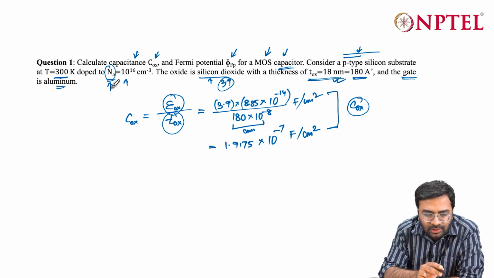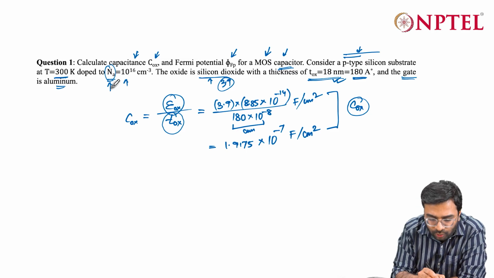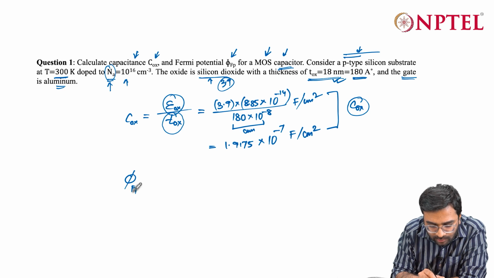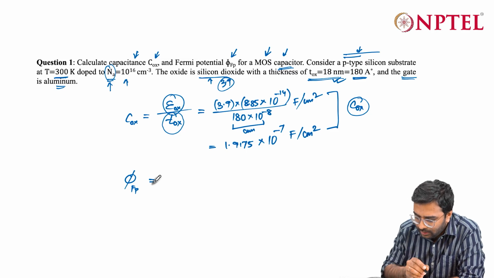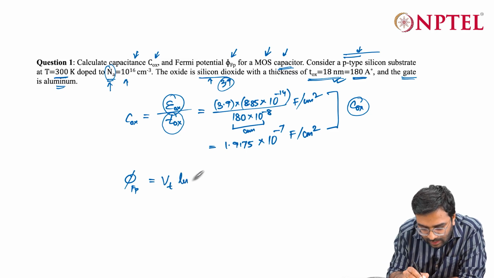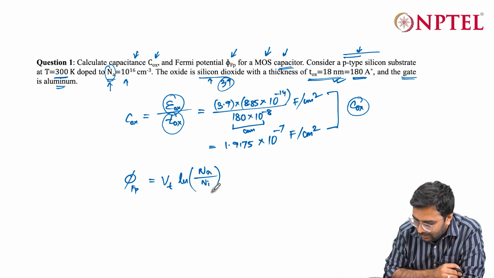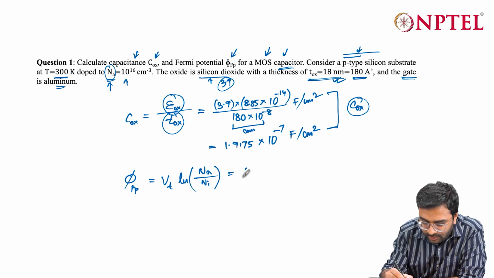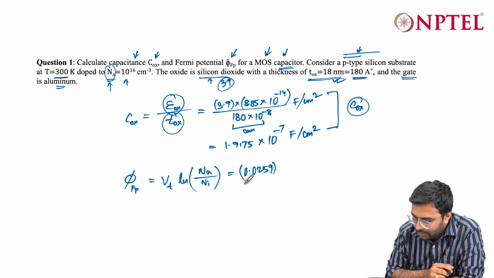For the calculation of Cox, we did not use the value of Na, but now we have to also calculate the value of phi Fp, which is the Fermi potential, or you can call it the bulk Fermi potential, which is Vt ln Na divided by Ni, and the value of Vt is 0.0259, that we already have calculated before.